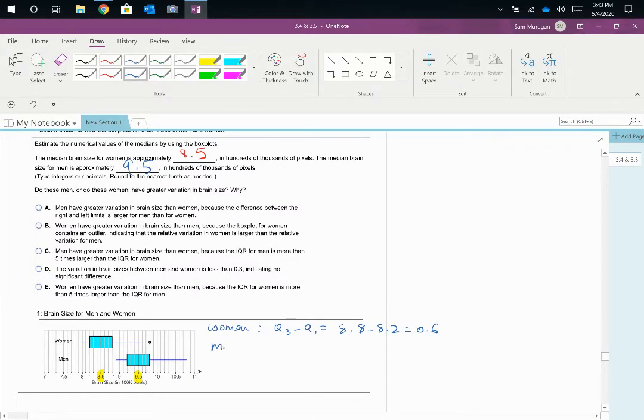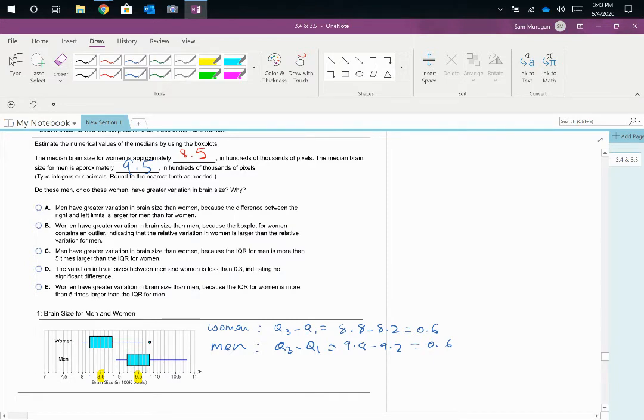And for men, quartile 3 minus quartile 1 is, this looks like 9.8 minus 9.2, which is 0.6 also.